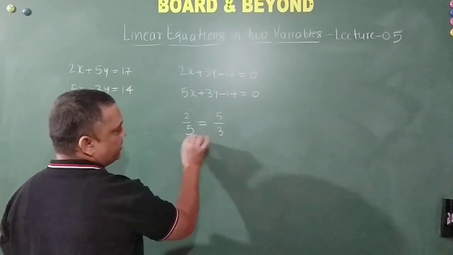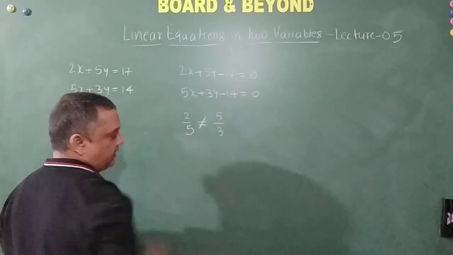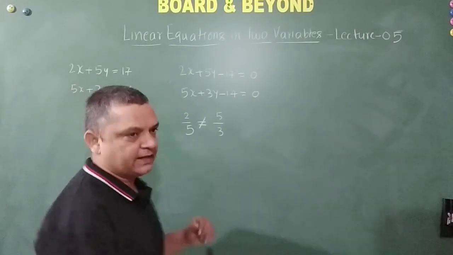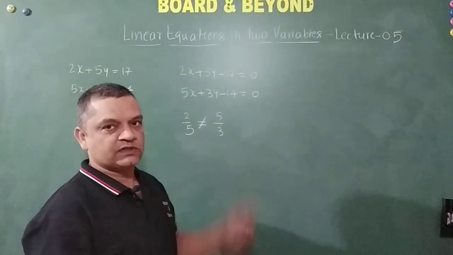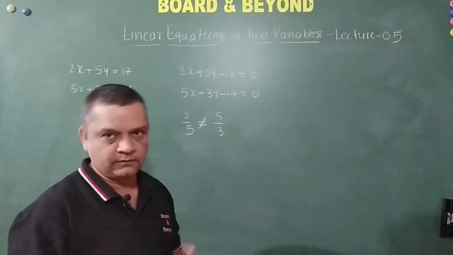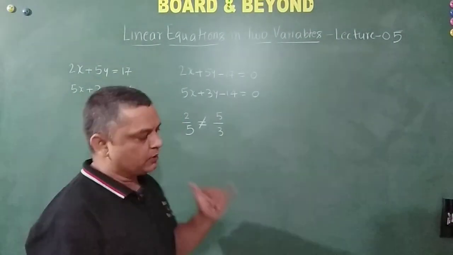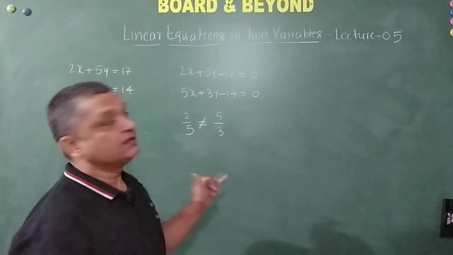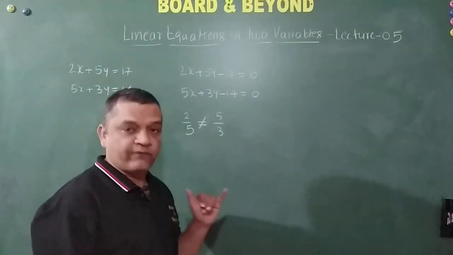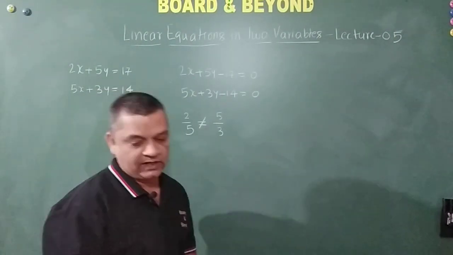We see 2 by 5 is not equal to 5 by 3. This signifies that this system of linear equations will have a unique solution. So the first part of the question is answered. Now coming on to the second part, hence find the solution. For finding the solution we will use the cross multiplication method here.